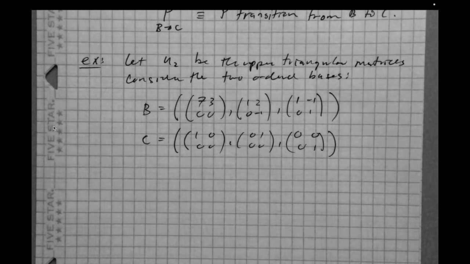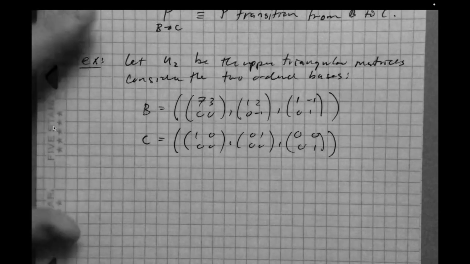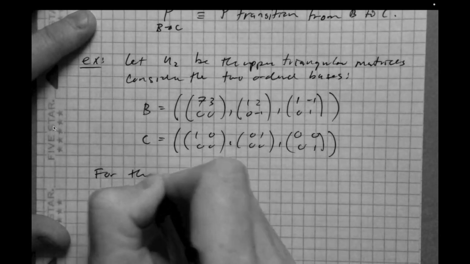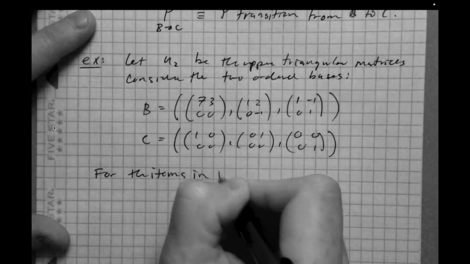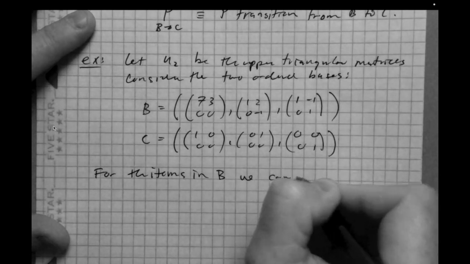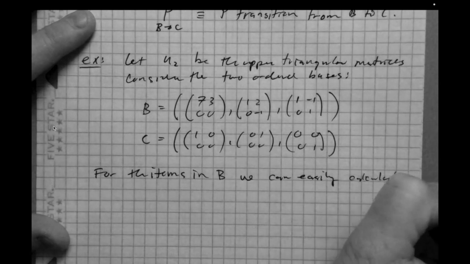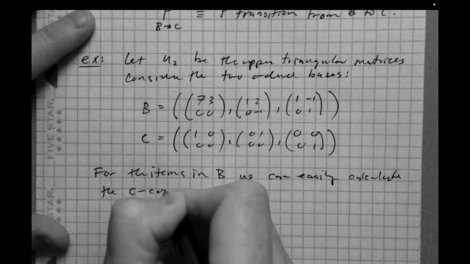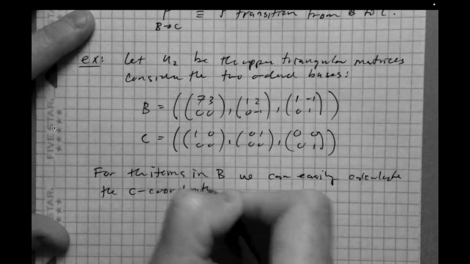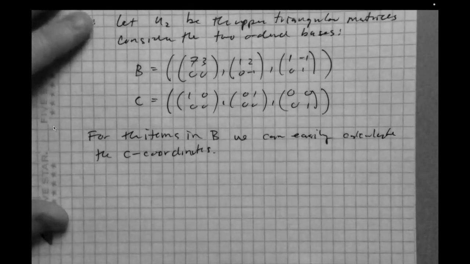Now, for the items in B, we can pretty easily calculate the C coordinates. You can pretty much just look at them in this case. They're pretty straightforward.